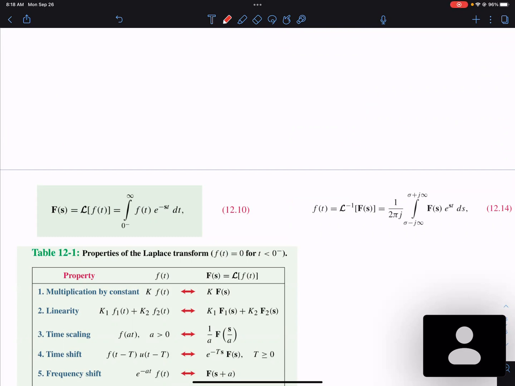So it becomes a capital F of S. And that is an integration from 0 minus, meaning right before a switch or in the signal, to infinity, of f of t e raised to the minus st dt. So that is the Laplace transform function.